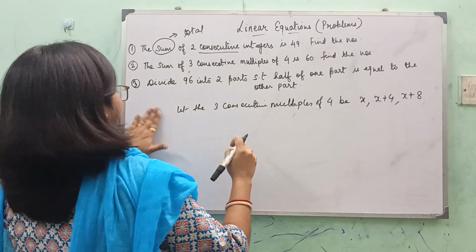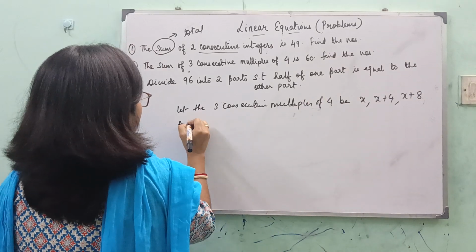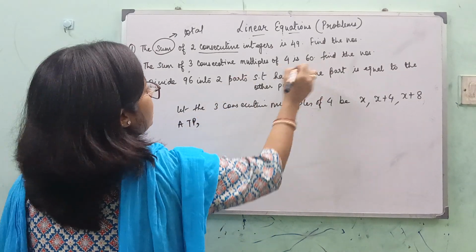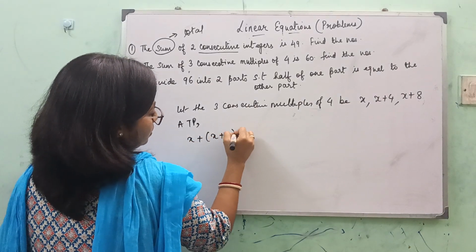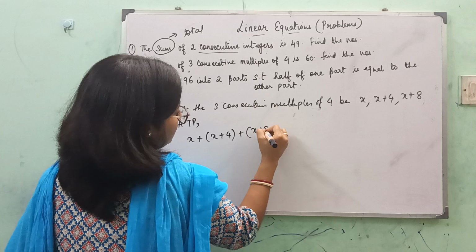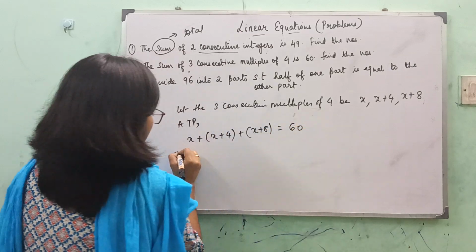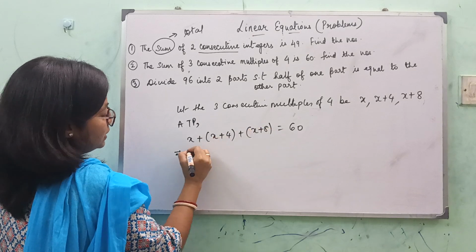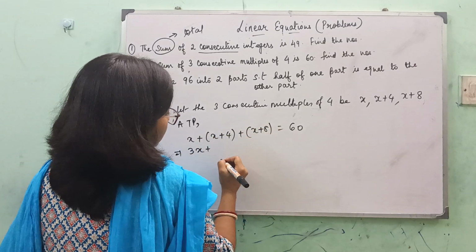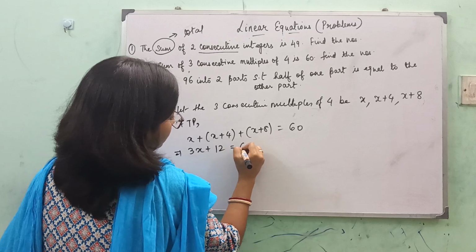Okay. So, according to the problem, the sum is 60. So, x plus x plus 4 plus x plus 8 equals 60. When you open the bracket, x plus x plus x is 3x. 4 plus 8 is 12.